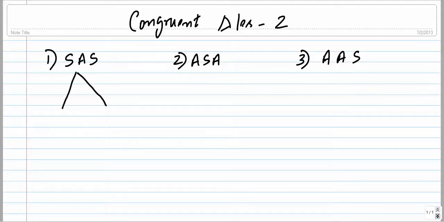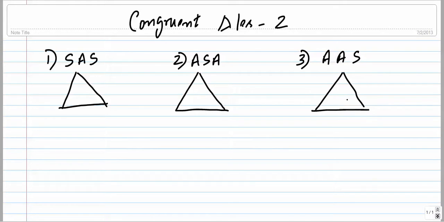Suppose let's take this triangle, another triangle here, another triangle here. If you see this, you can make out that this particular triangle is ABC, here it's DEF, and this is PQR.